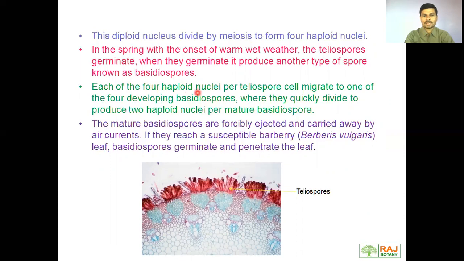In this figure we can see the teliospore, and this teliospore actually produces the basidiospores. Each of the 4 haploid nuclei per teliospore cell migrates to one of the 4 developing basidiospores.